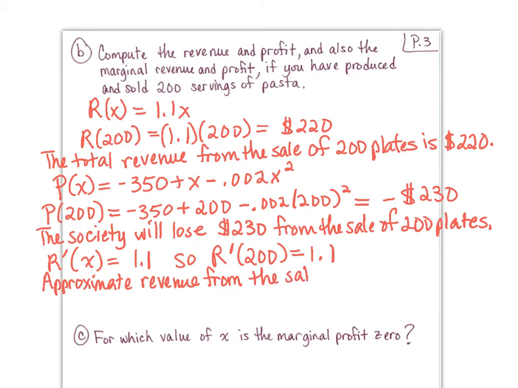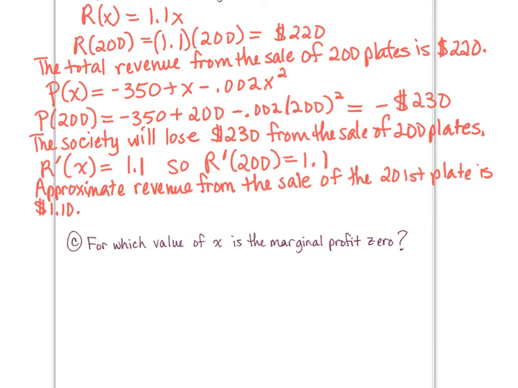Okay. So that means that the approximate revenue from the sale of the 201st plate is $1.10. Okay, and now we need to find our marginal profit.